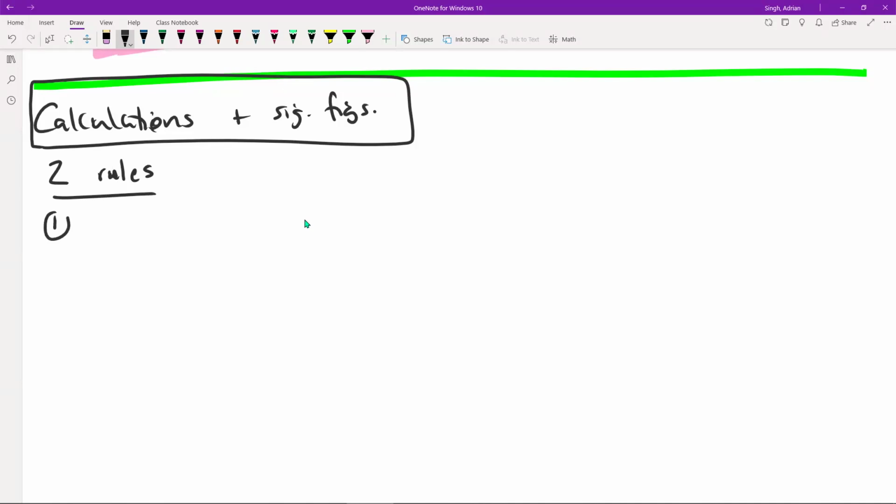So the first rule applies to multiplication and division.